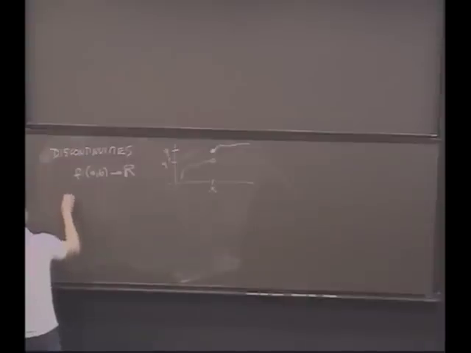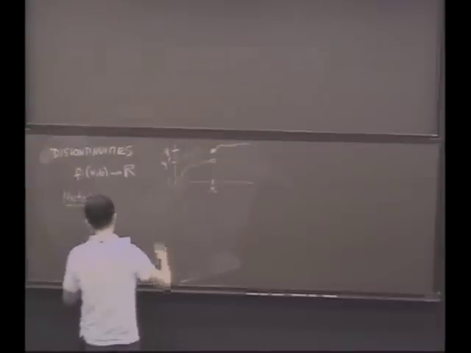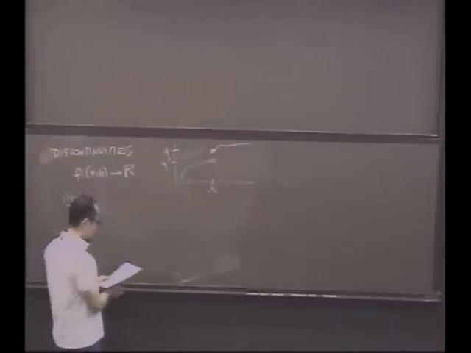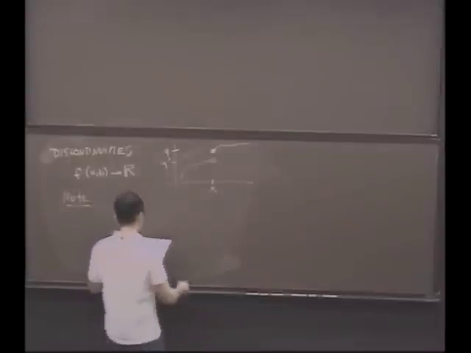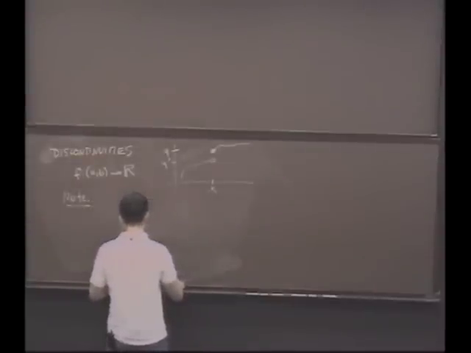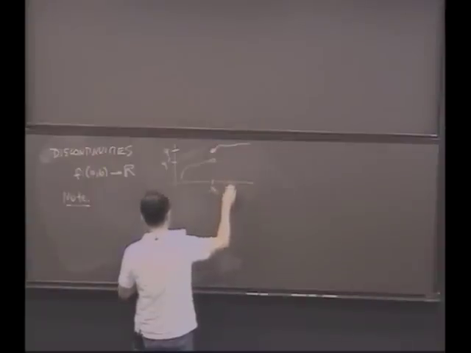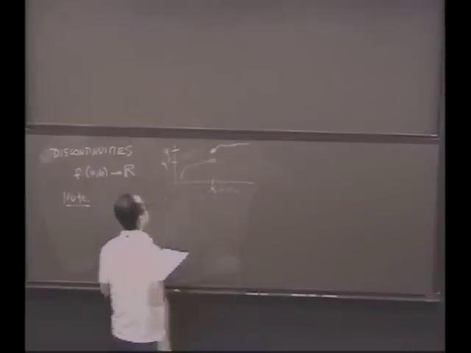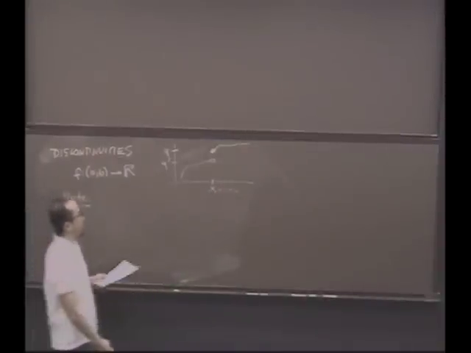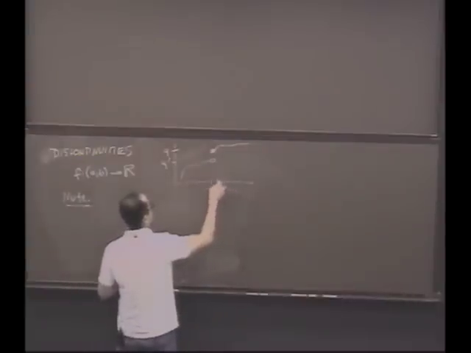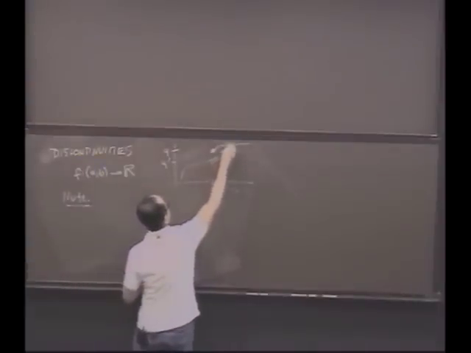So notice in this picture, if I were trying to describe what's happening here, if I took some sequence on the right here, and I followed the images of these points, the t_n, what's going to happen as the sequence of points converges to x, to the images? What's going to happen?